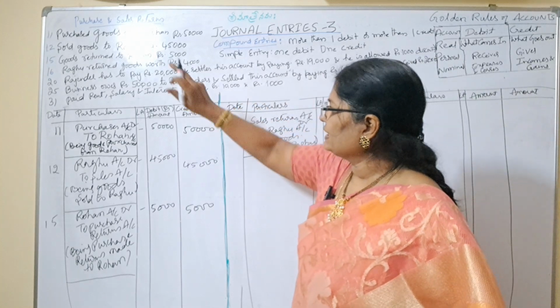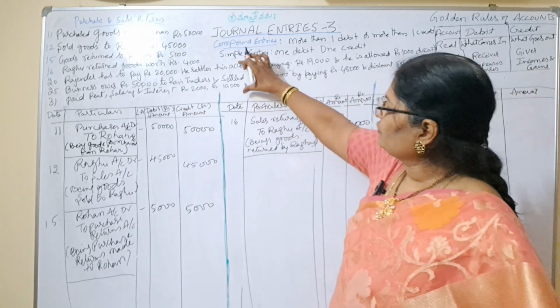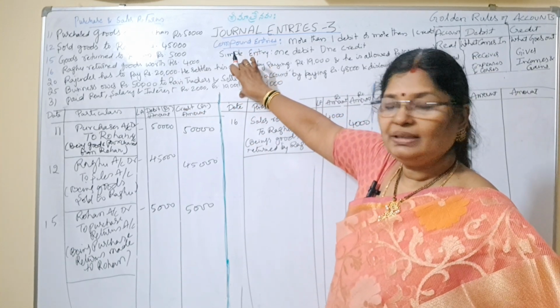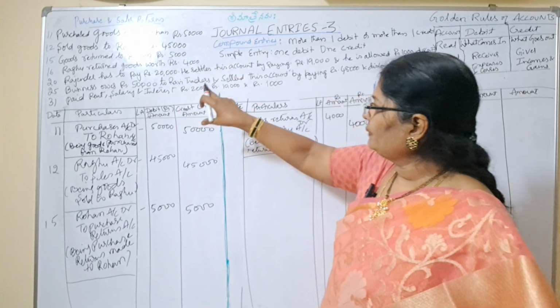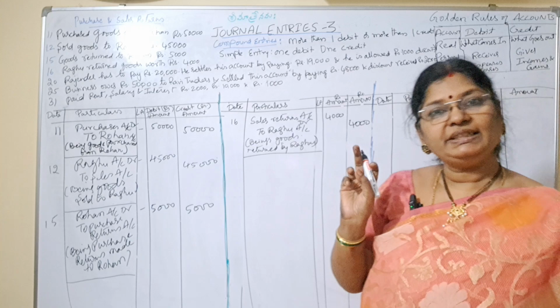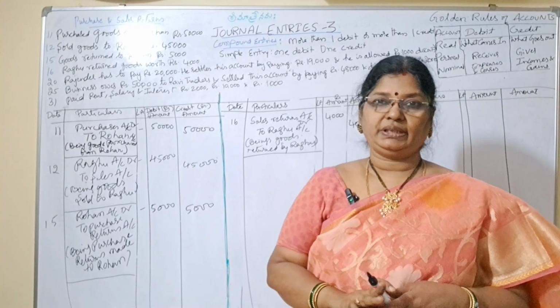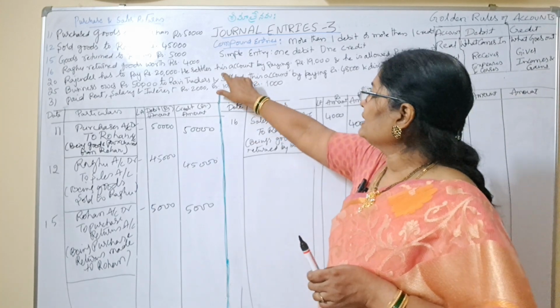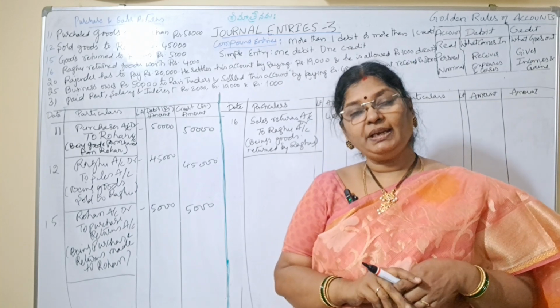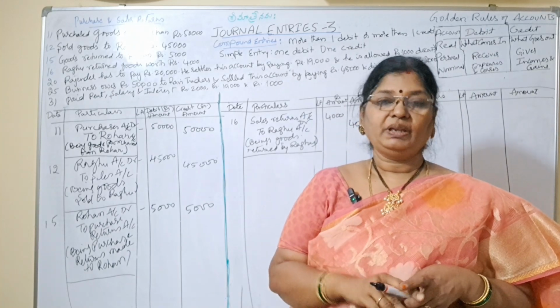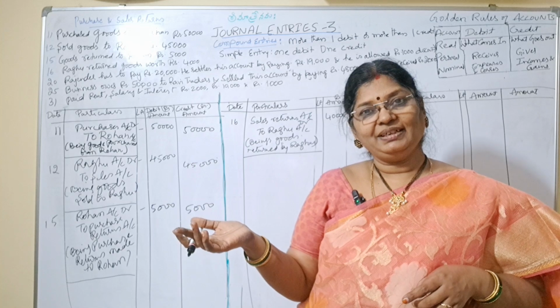Now we will see the next transaction. From now onwards, what entries are we using? Compound entries. Rajendra has to pay 20,000. How much does Rajendra have to pay us? 20,000. But he settles his account by paying 19,000. How much is he paying now? 19,000. What about the remaining 1,000?